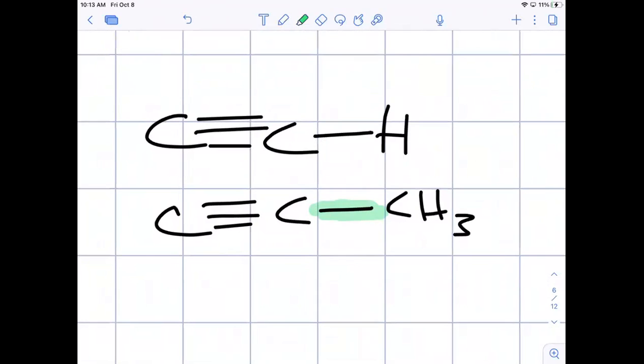This is sp, so it's going to be more electronegative. This bond between those two carbons in the triple bond is a little bit shorter and a little bit more compressed. So adding in an electron-rich carbon-carbon single bond is going to have the same effect, right? It's going to have a little bit of a polarization or a little induction towards the carbon that's sp hybridized.